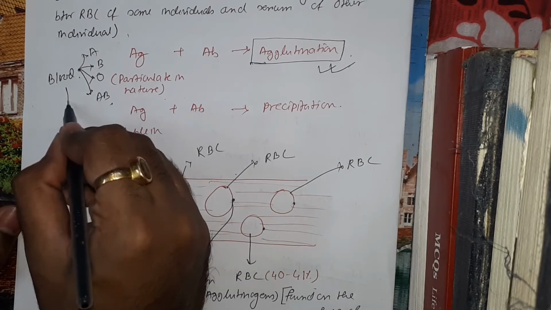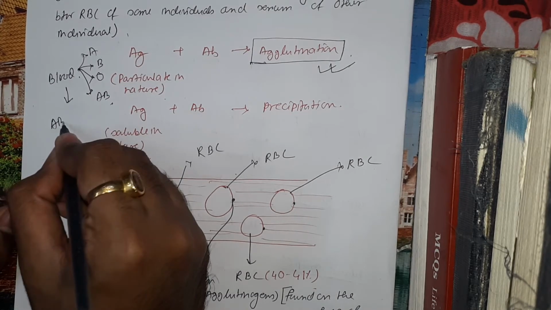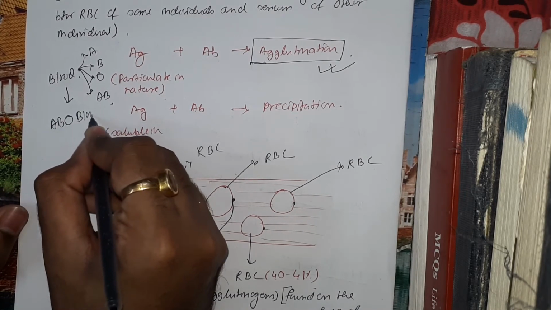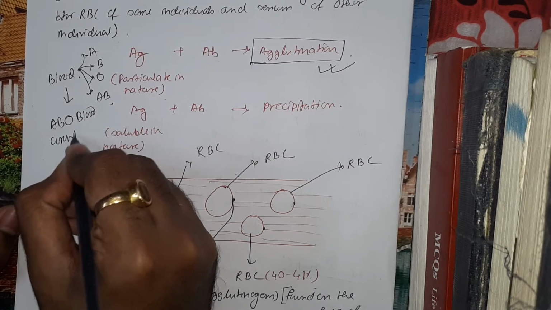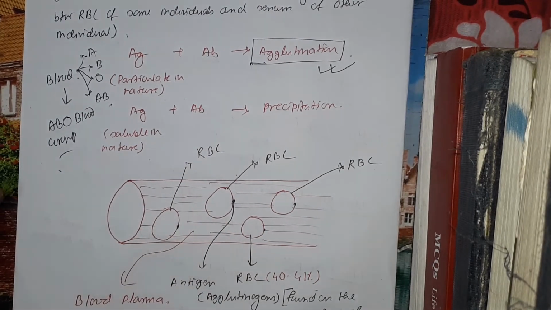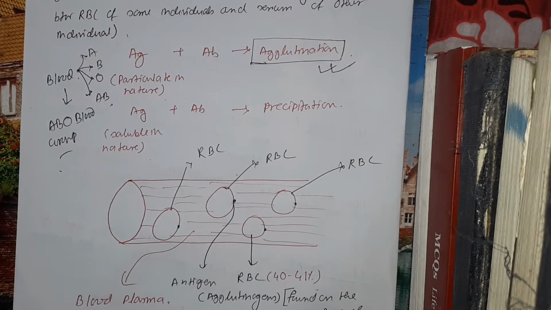This type of classification of blood group is known as the ABO blood group system. Another blood group system is the MN blood group, that is not part of our discussion.